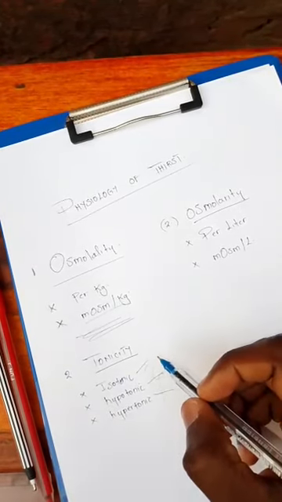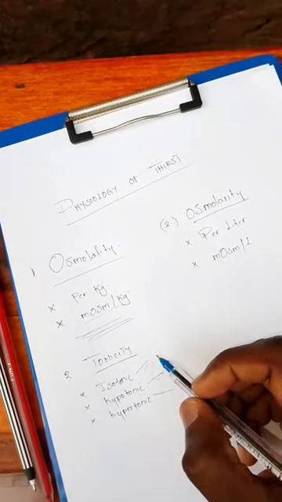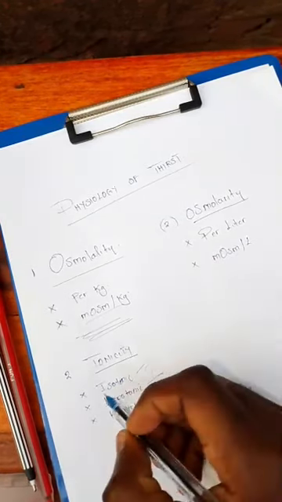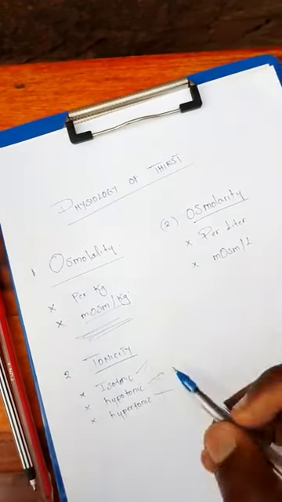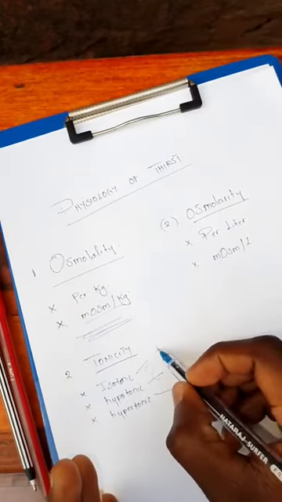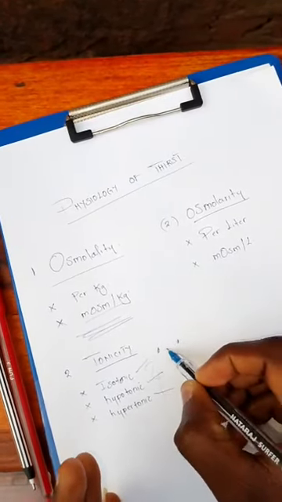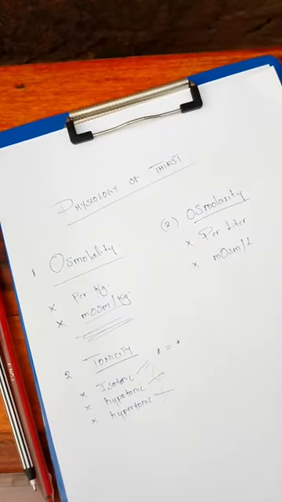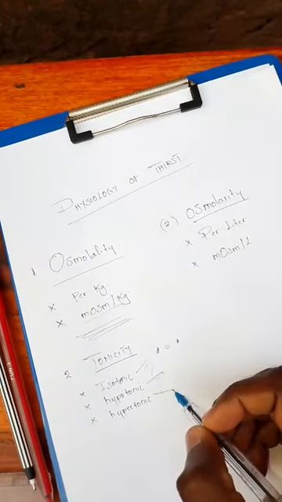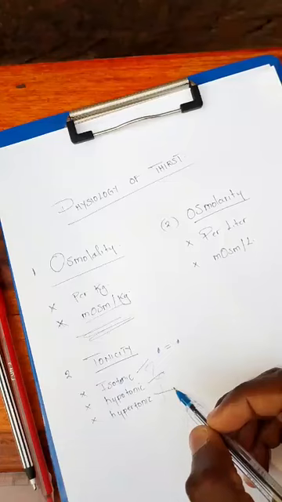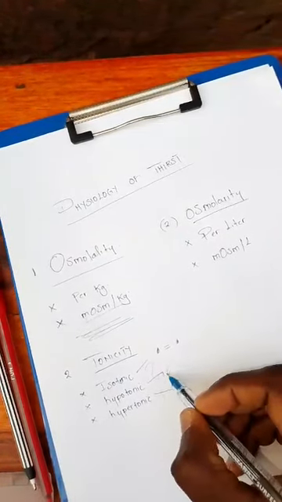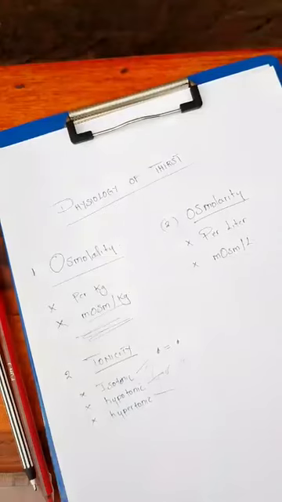That's why we say that tonicity is the ability of a solution to cause water movement across the semi-permeable membrane. In an isotonic solution, the concentration of solutes outside as well as inside of the cell is equivalent. But in a hypotonic solution, the concentration of solutes outside of the cell and inside of the cell is not going to be equal.